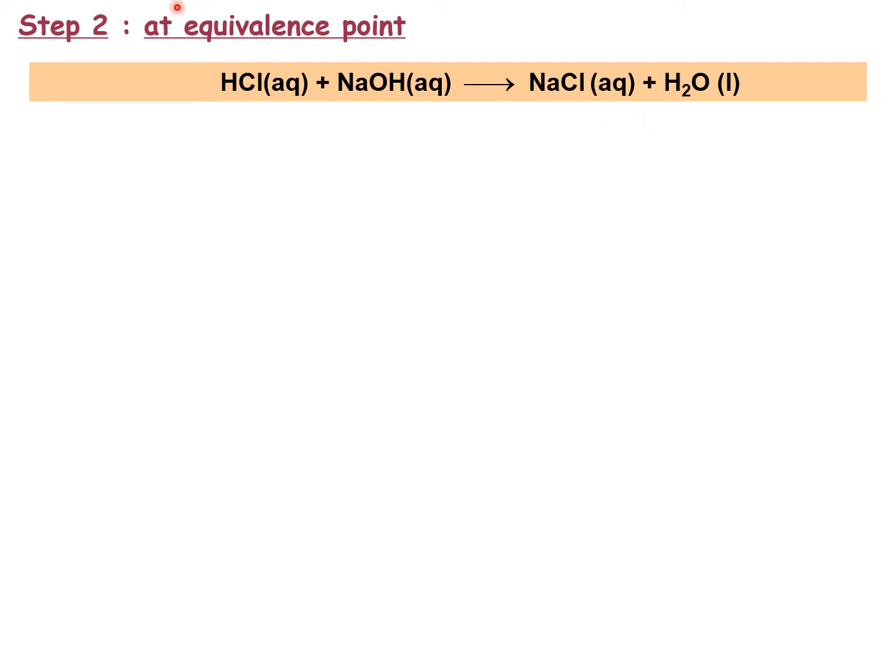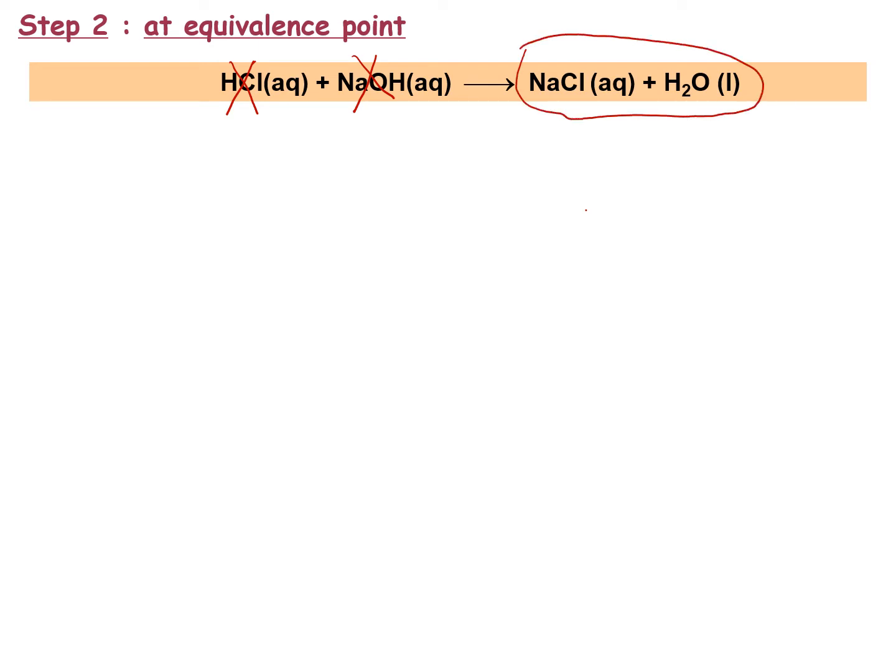And at the equivalence point, what is left? Like our definition of the equivalence point, what was it? When the acid reacts completely with the base. So at the equivalence point, the acid is gone and the base is also gone. What is left? Just your salt and water.